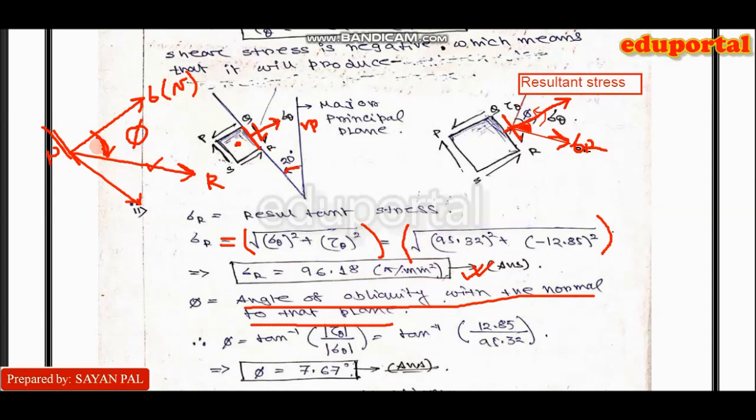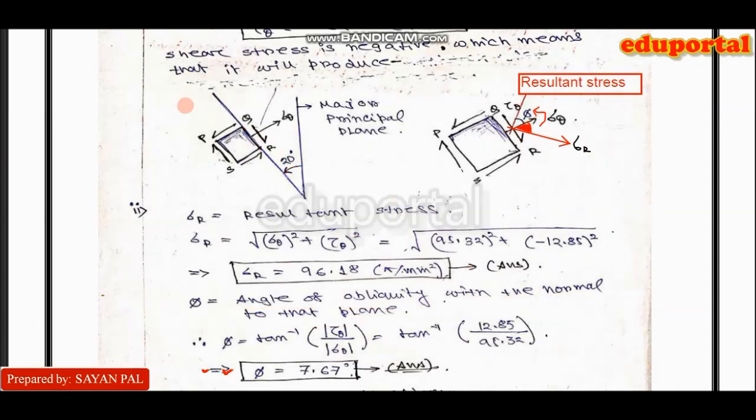So this angle phi is the angle of obliquity. It is given by tan inverse of tau theta by sigma theta, so tan inverse of 12.85 by 95.32. Doing the calculation, we get phi equal to 7.67 degrees. This is the angle of obliquity. This is the way to solve by the analytical method.